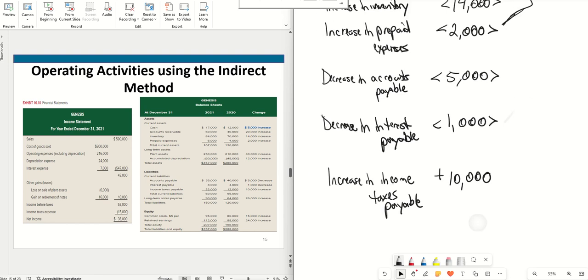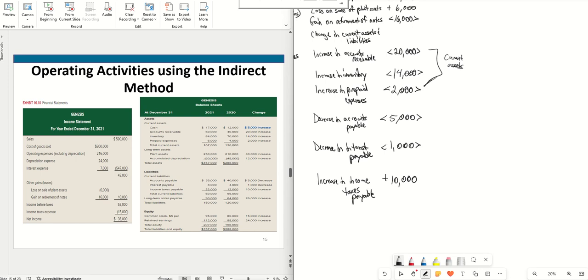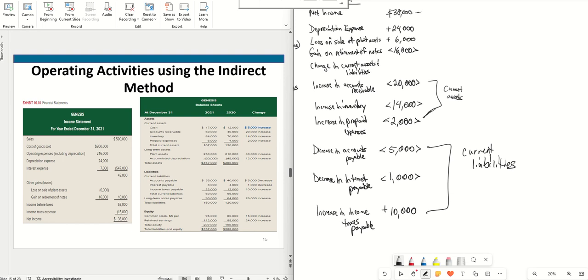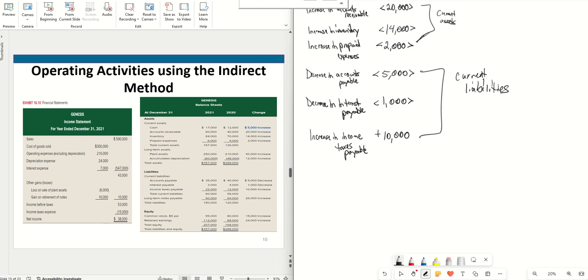All right. So zooming out here, let's go ahead and label this as current liabilities. When you do the math, let me scroll up here. If it lets me, there we go.